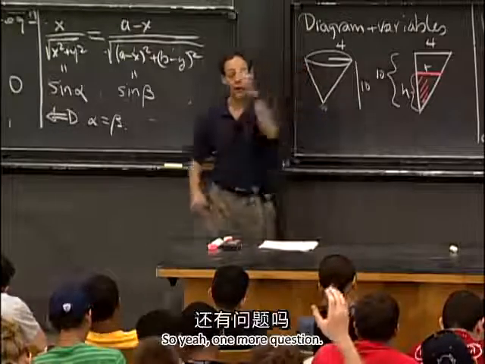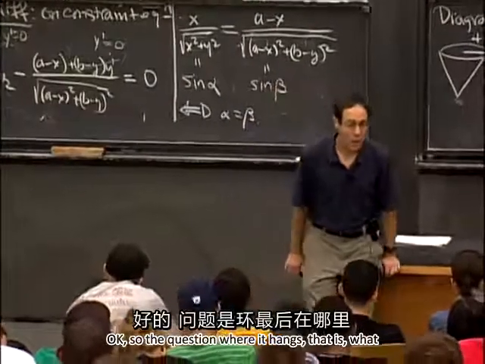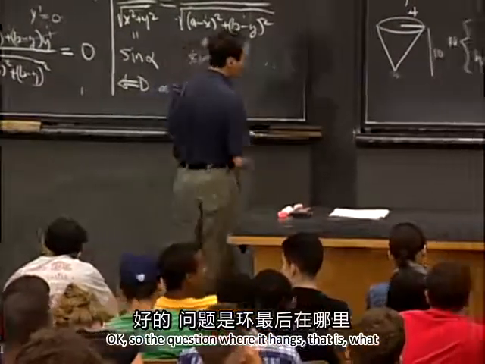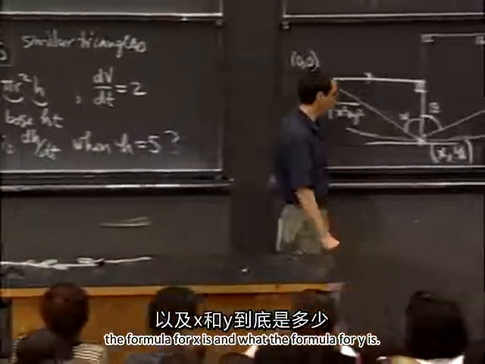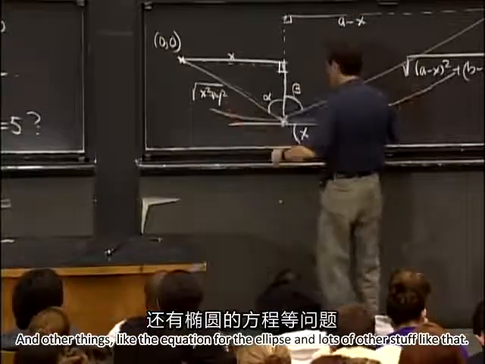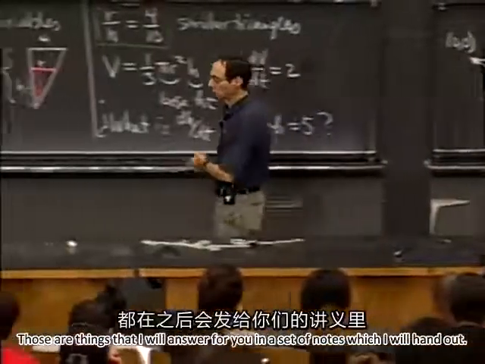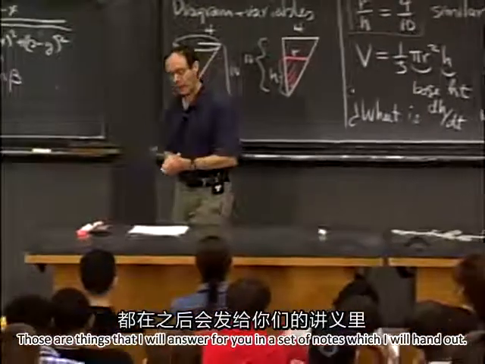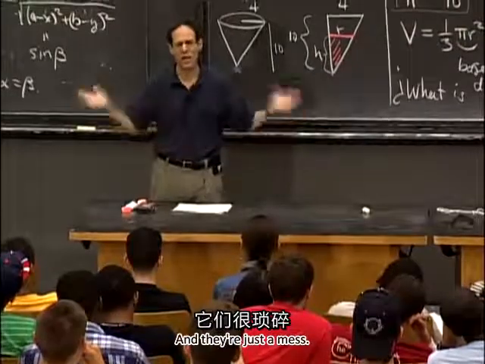All right, so yeah, one more question. Okay, so then the question of where it hangs, that is, what the formula for x is and what the formula for y is, and other things like the equation for the ellipse and lots of other stuff like that, are things that I will answer for you in a set of notes, which I will hand out. And they're just a mess.